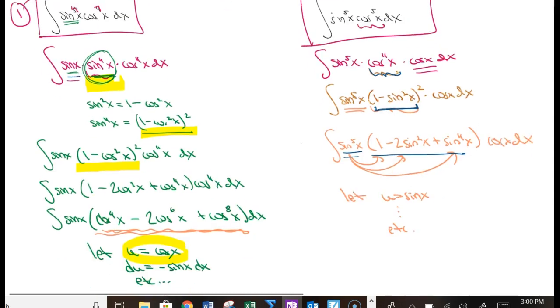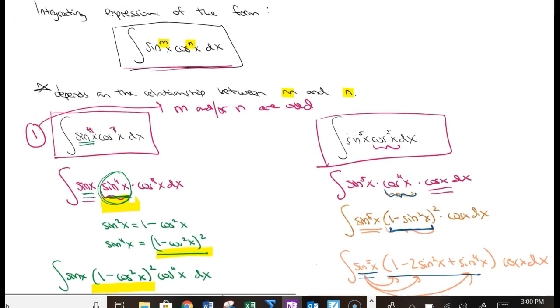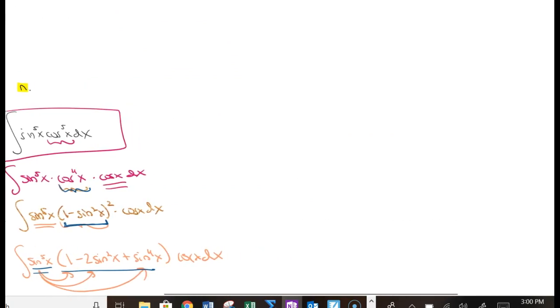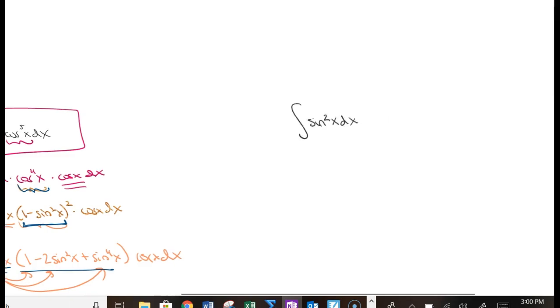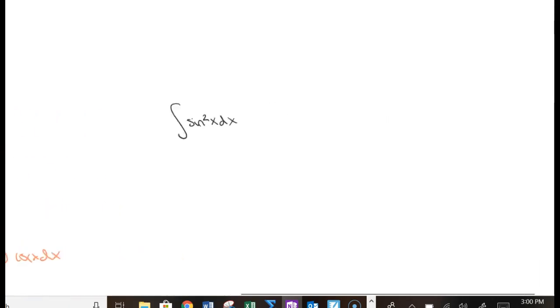The other variation you should know how to do are variations we've seen before. We get something like the indefinite integral of sine squared x dx, which you've done before. I'm going to say it right now for posterity and for recording purposes. Officially, you need to know the cosine double angle identity.